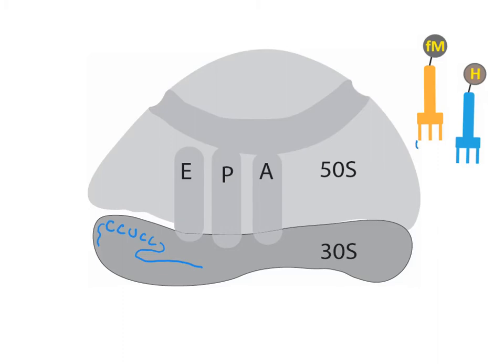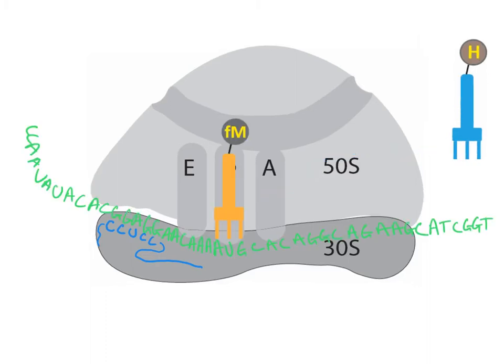So this would have UAC, and this would then come in and bind here in the P site to the AUG that's here. So this is the start of translation and the start of protein synthesis. Once that F-met tRNA is in place, then the next codon has been placed directly under the A site.